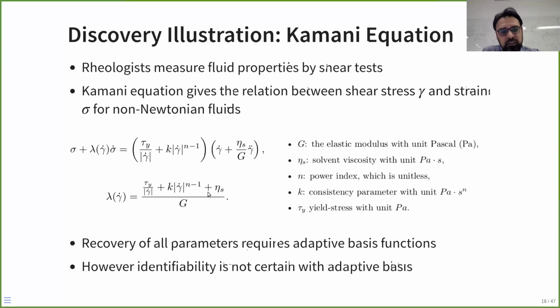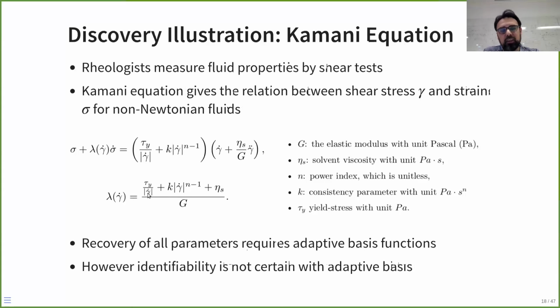For us, what is interesting here is that the equation has some more complex terms that cannot be solved or represented as linear combinations of basis functions. For instance, the derivative of the shear force is raised to an exponent, and you have the derivative in the denominator.